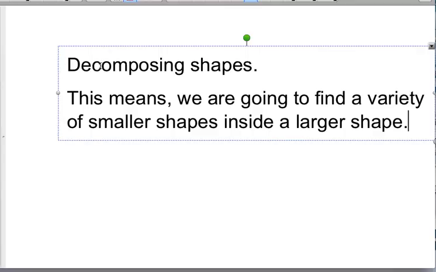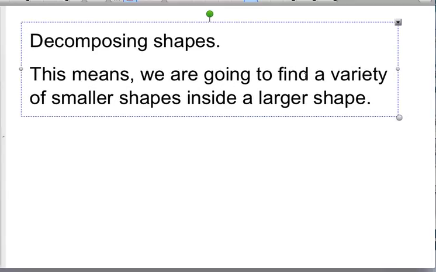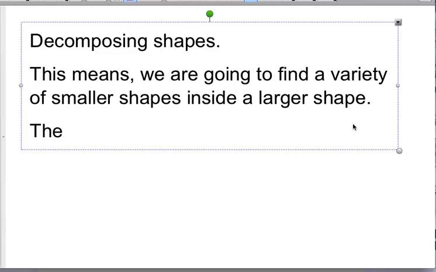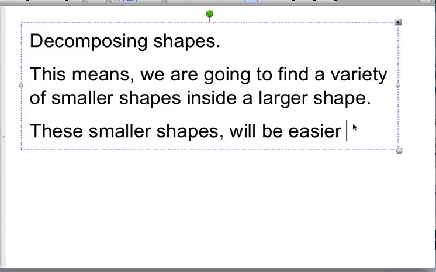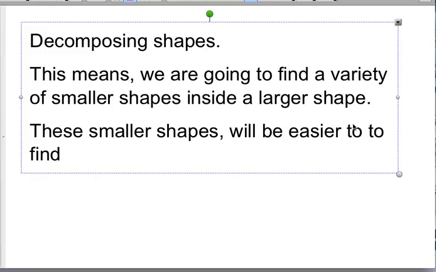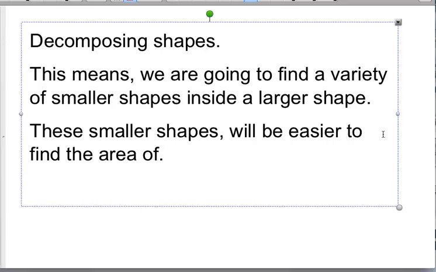Okay? So decomposing shapes means we are going to find a variety of smaller shapes inside larger shapes. These smaller shapes will be easier to find the area of. In other words, we might break down a larger shape into smaller shapes.